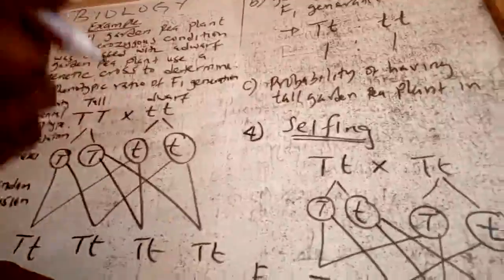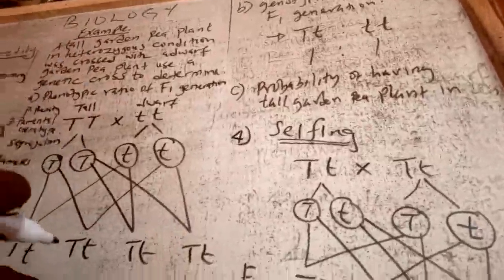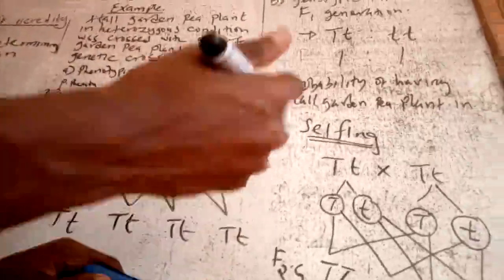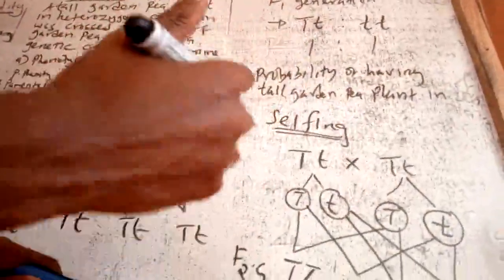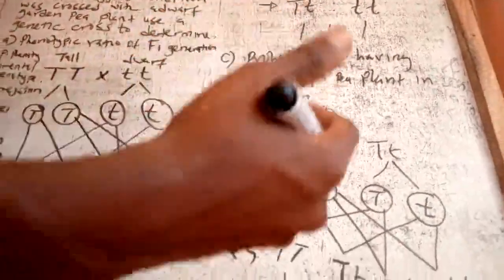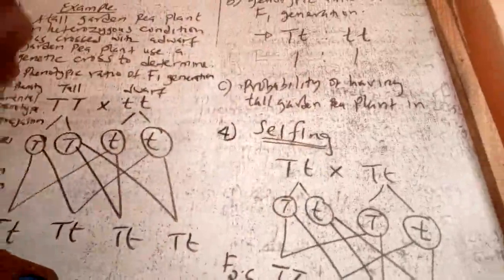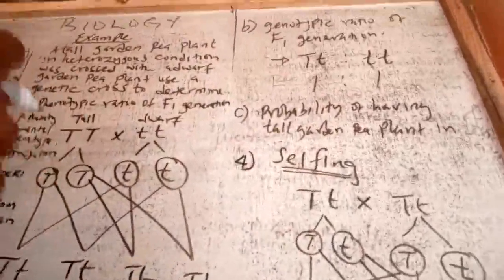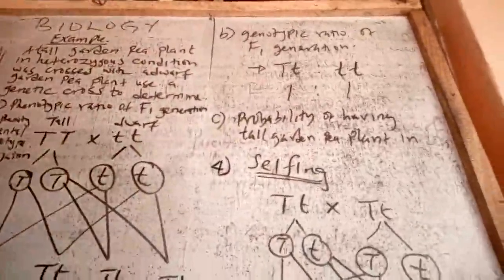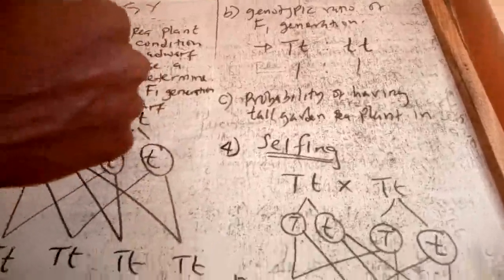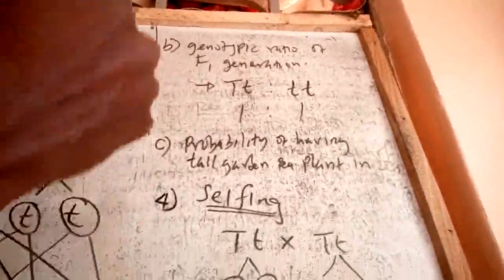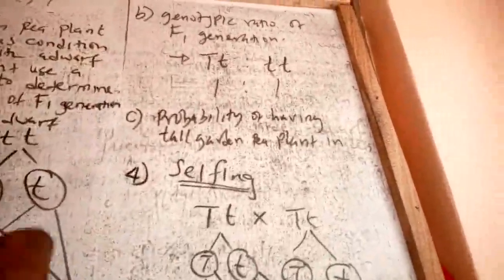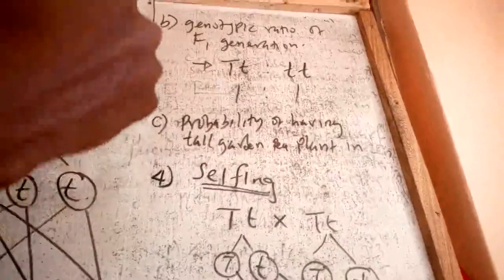As far as the fourth experiment is concerned, it shows that whenever an individual with heterozygous condition is crossed with another individual with heterozygous condition, as far as the gene for tallness or any other gene is concerned, the resulting offspring will have the dominant gene to recessive gene expressed in the ratio of 3:1.